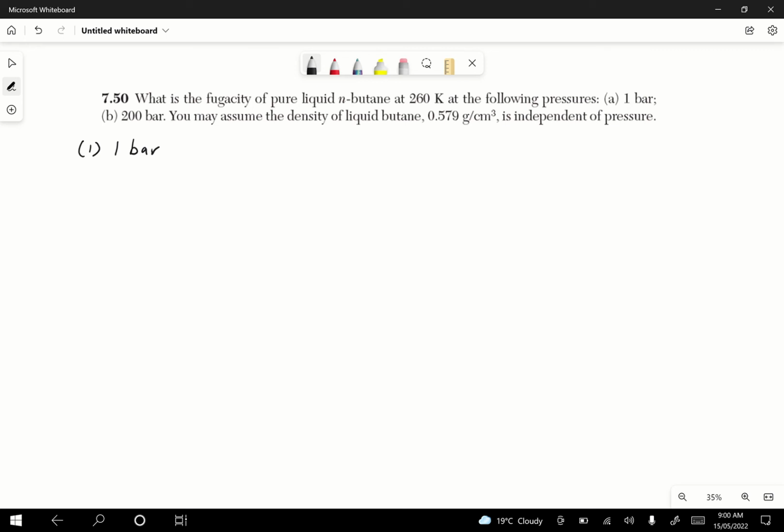Now, for this case, first I think we can get the data. The temperature is 260 Kelvin, which is given.